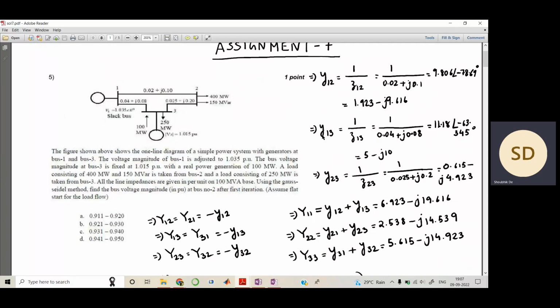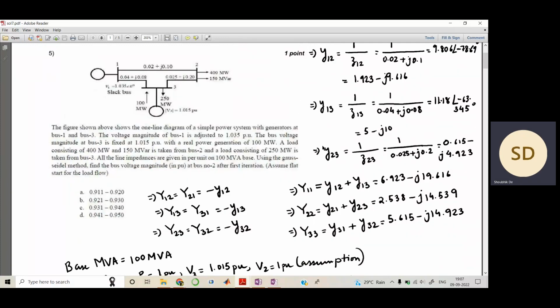Similarly, you do this for y13 and y23, that is between bus 1 and 3 and bus 2 and 3. Now we have all of these parameters, and we can construct the Y bus, that is, the admittance matrix. So capital Y12, which is equal to capital Y21, is equal to minus y12.